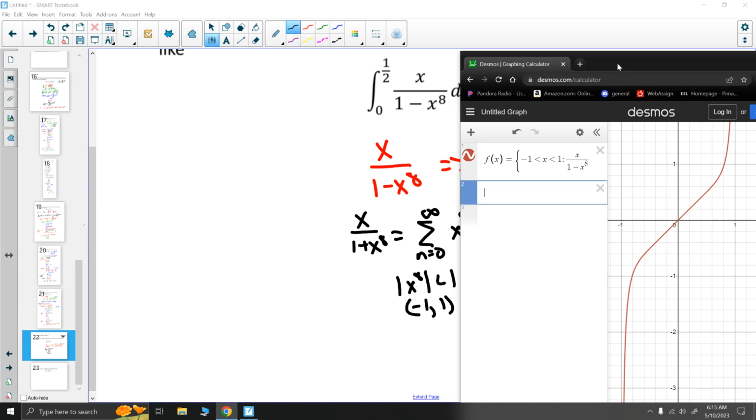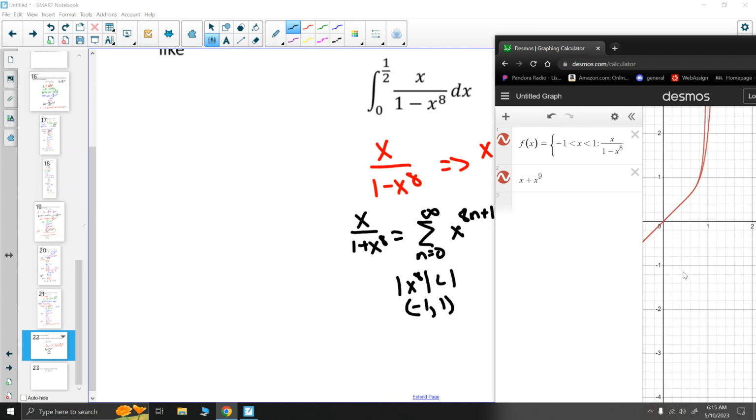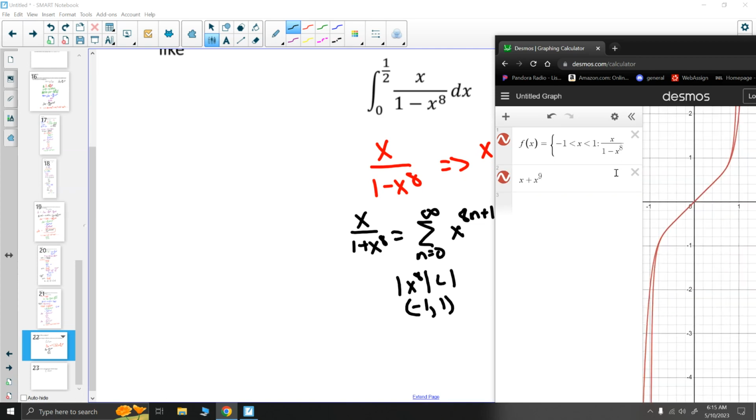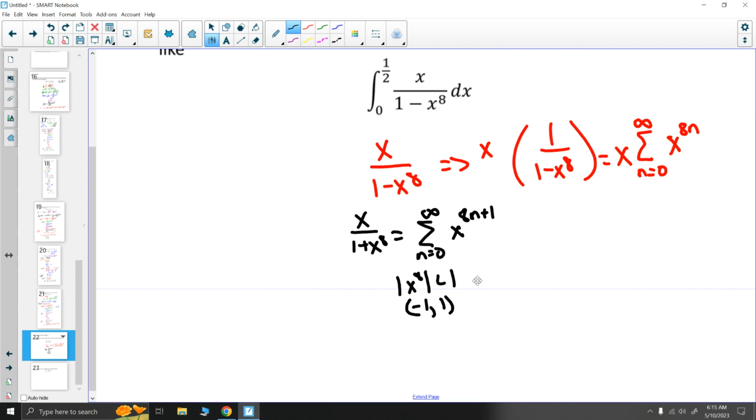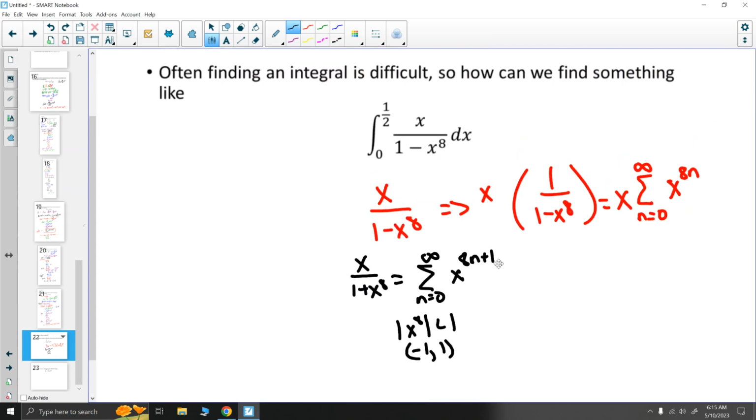And if we think about this in terms of the series, when n is 0, we'd have x. When n is 1, we'd have x to the 9th. Already we can see that's pretty darn close. And of course it's red, so whatever. All right, so we're good here. This is going to work out for us.